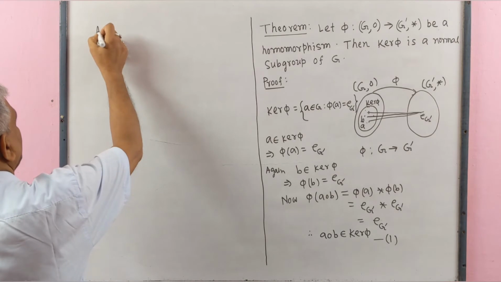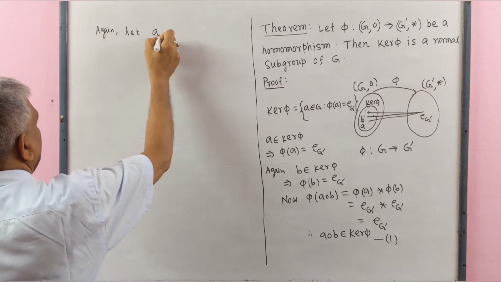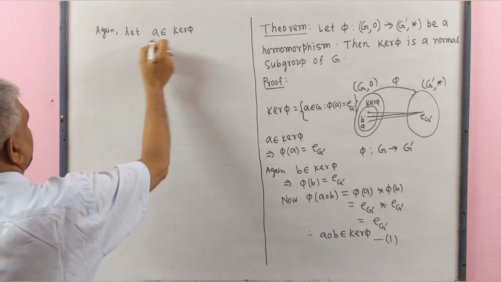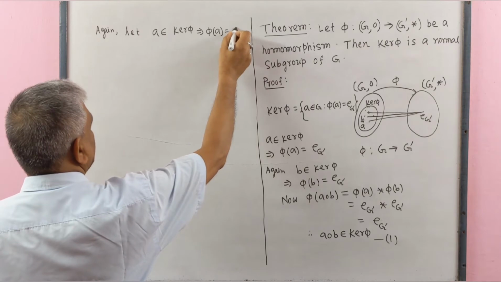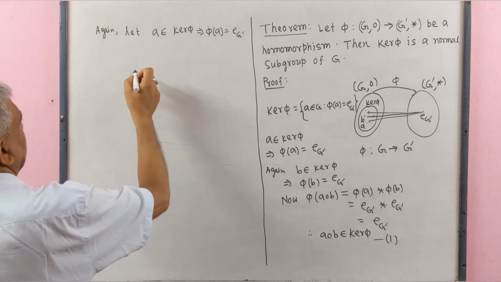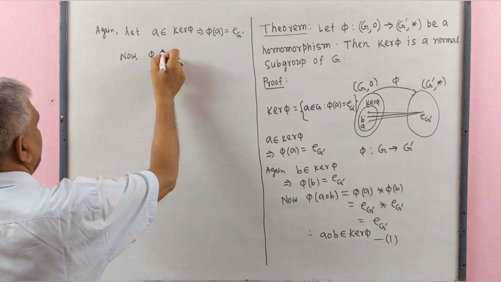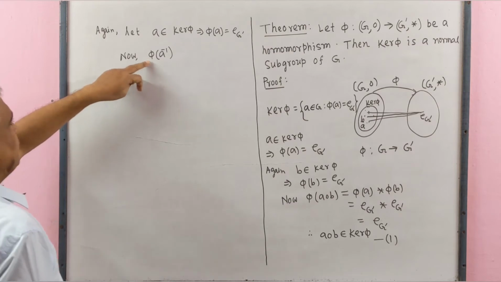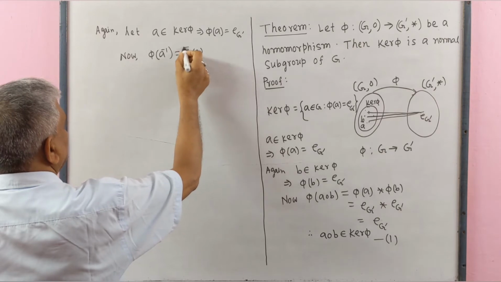Again, let a belong to ker phi, which implies phi(a) equals the identity element of G'. Now, phi(a inverse): since phi is a homomorphism, we know that this equals phi(a) whole inverse.